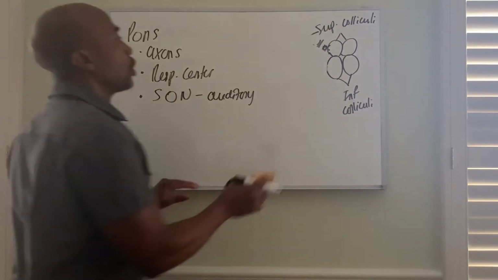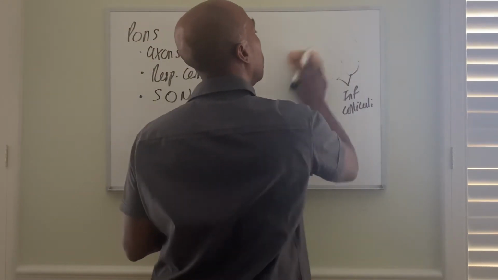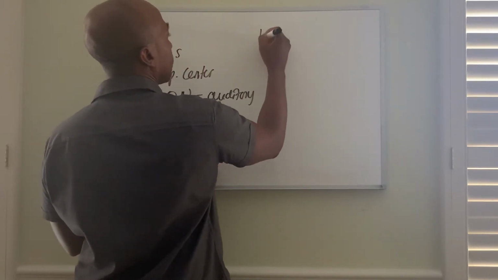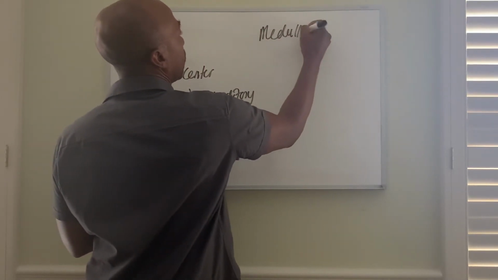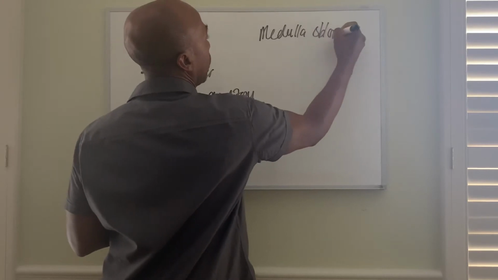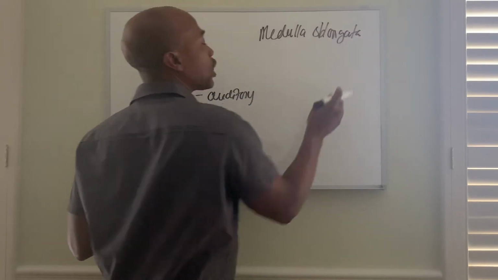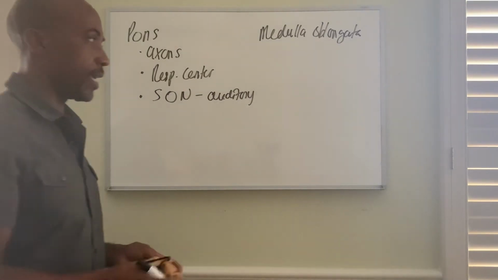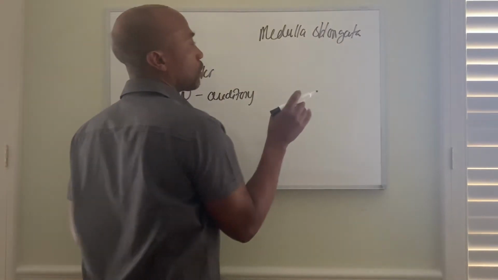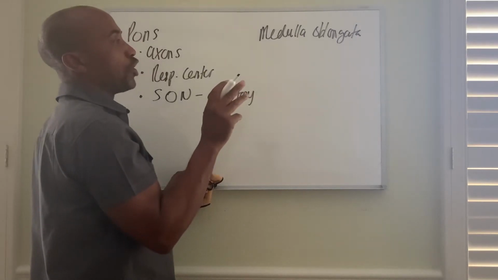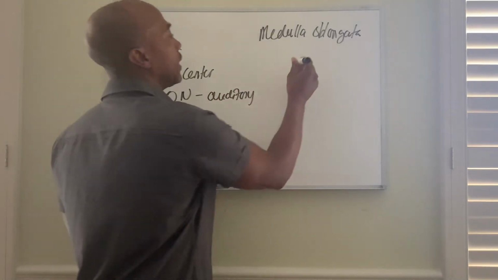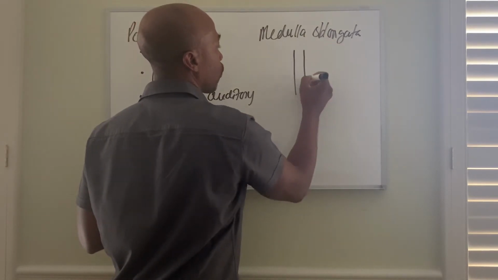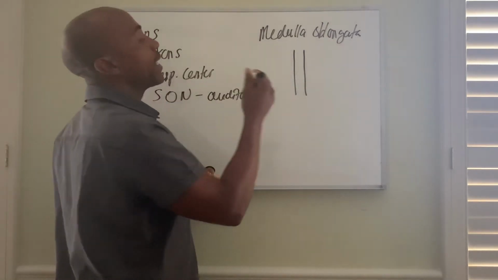And then next we'll go to your medulla oblongata. Your medulla oblongata is the last part of the brainstem before you get to the spinal cord. Some of the more distinguishing features about this one is the presence of two bundles that run down its ventral side.